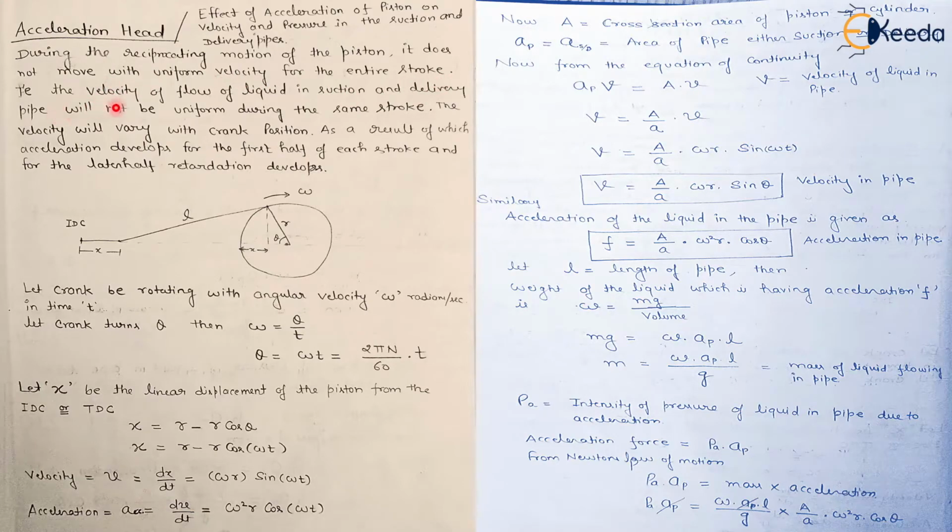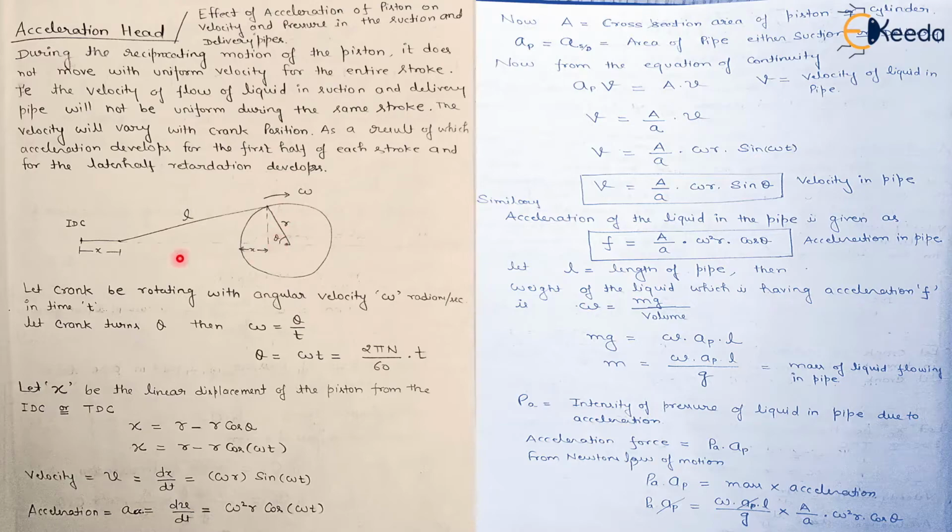That means the velocity of flow of liquid in the suction and delivery pipe will also not be uniform during the same stroke. So the velocity will vary with crank position, as a result of which acceleration develops for the first half of each stroke, and for the later half there is a retardation.